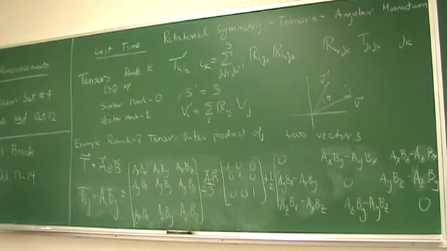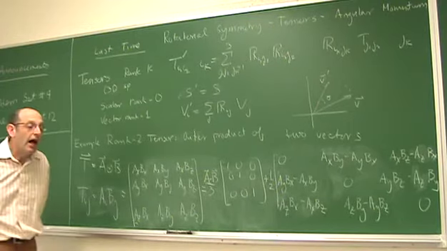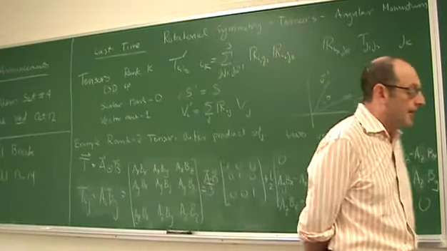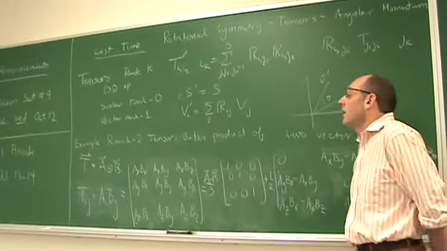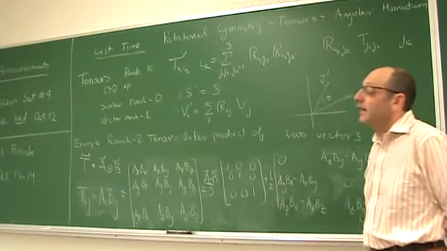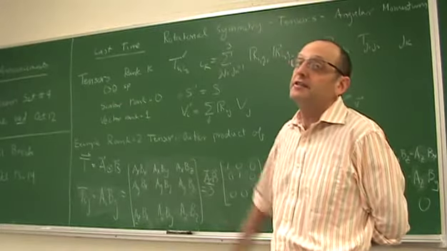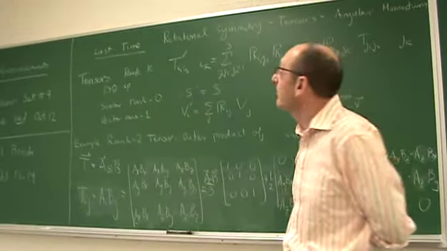Okay? So tensors are objects that behave a certain way under a rotation. So they are mathematical objects which, in some sense, capture the behavior of objects under rotation, in this case, in 3-dimensional space.